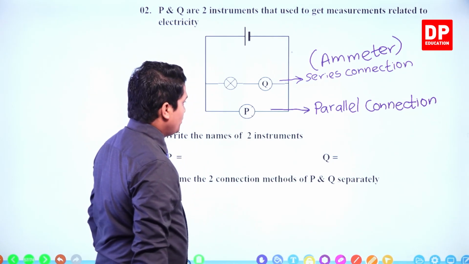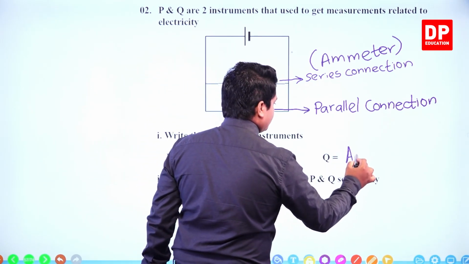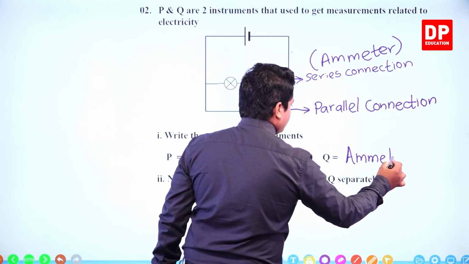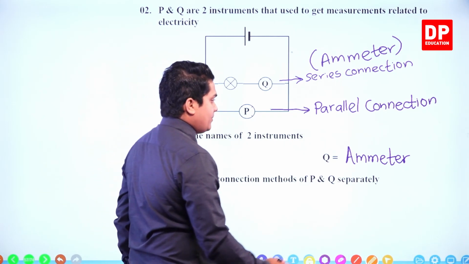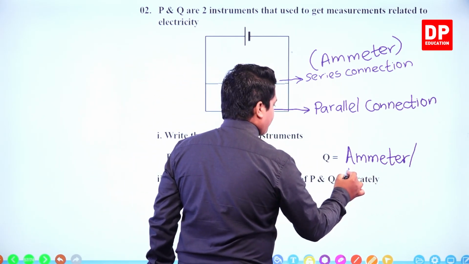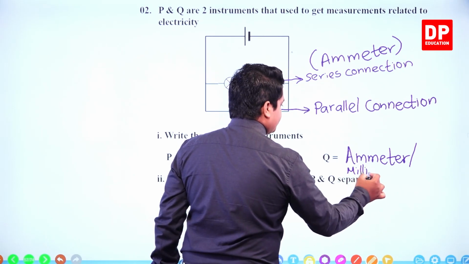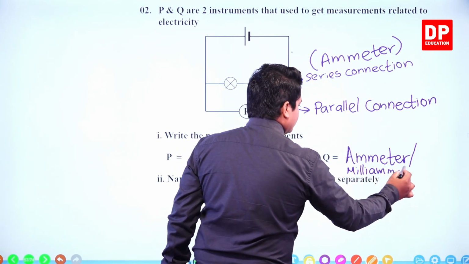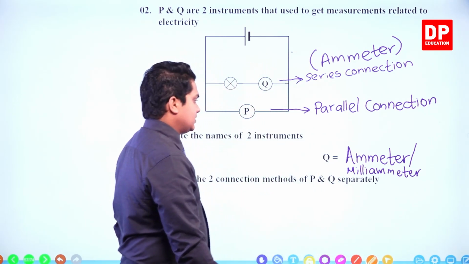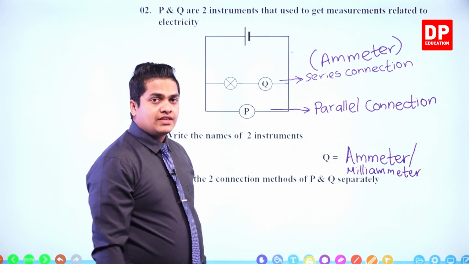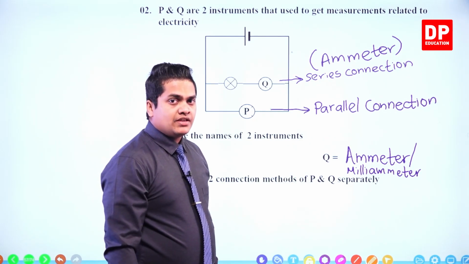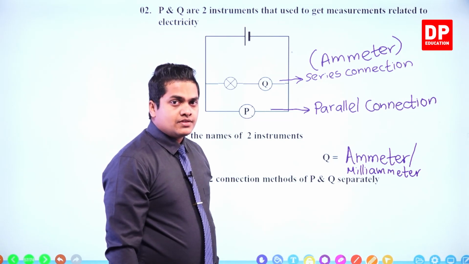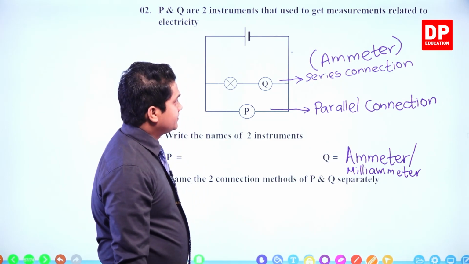So Q is an ammeter. Milliammeter is also correct, so I'll mention milliammeter as well. Milliammeter or ammeter, both are correct for Q, right? Because we connect ammeters or milliammeters in series in a circuit to measure the electric current.